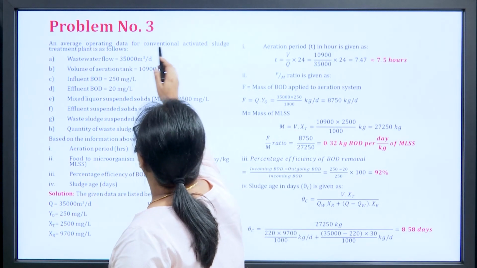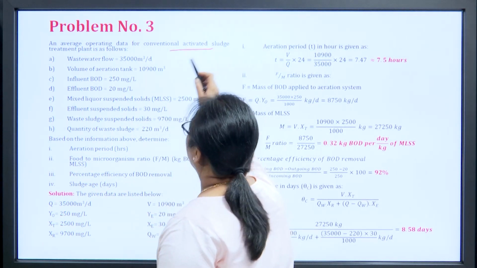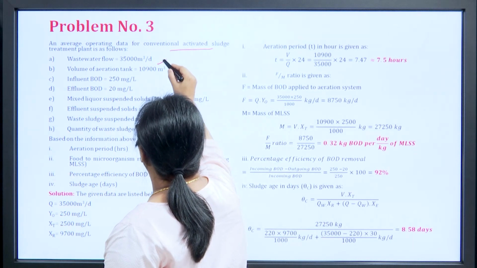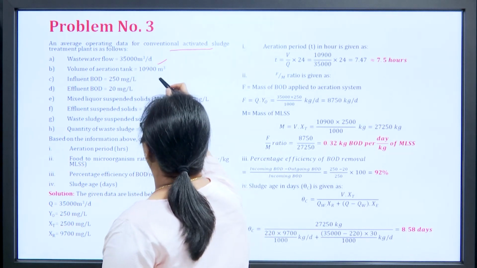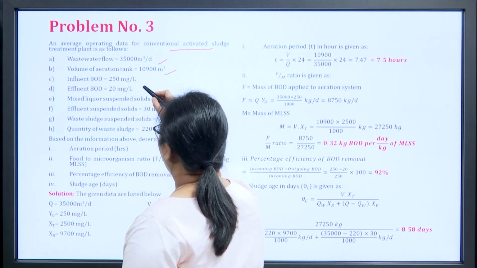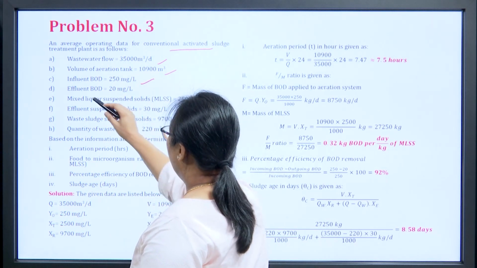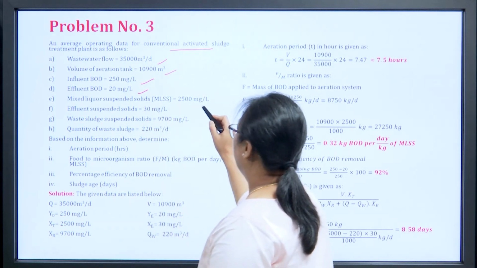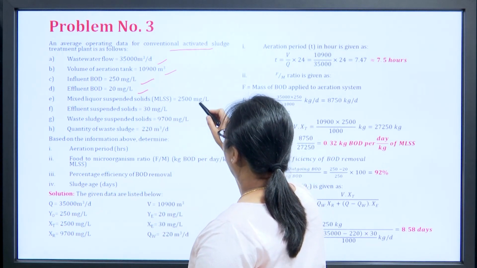The average operating data for conventional activated sludge plant treatment is as follows. Wastewater flow is 35,000 meter cube per day. Volume of aeration tank is 10,900 meter cube. Influent BOD is 250 milligram per liter. Effluent BOD is 20 milligram per liter. Mixed liquor suspended solids is 2,500.